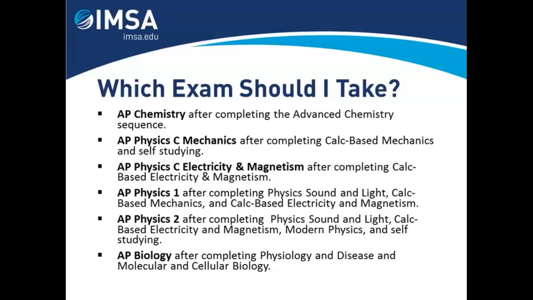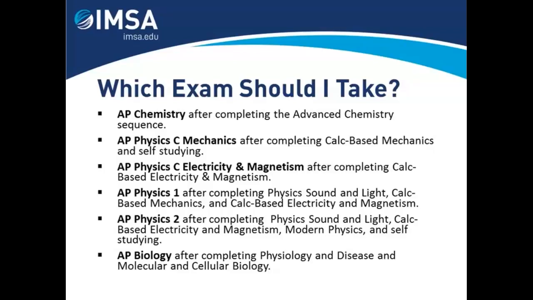Remember, I mentioned that IMSA coursework doesn't necessarily fully prepare students for taking AP examinations. For electricity and magnetism, again, a student needs to complete calc-based electricity and magnetism and then self-study a little bit as well. AP Physics 1, AP Physics 2, now AP Biology.